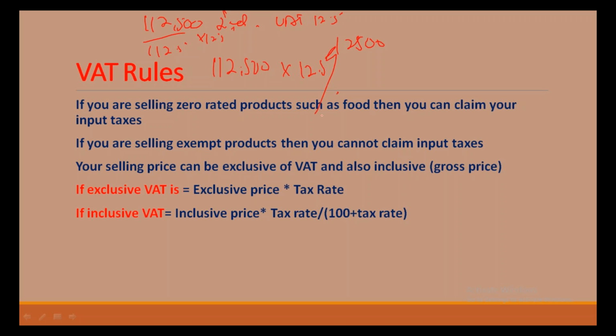If it is exclusive, the price 112,500 into the tax rate is the VAT. If it's inclusive, 112,500 times tax rate 12.5 divided by 100 plus tax rate 112.5.